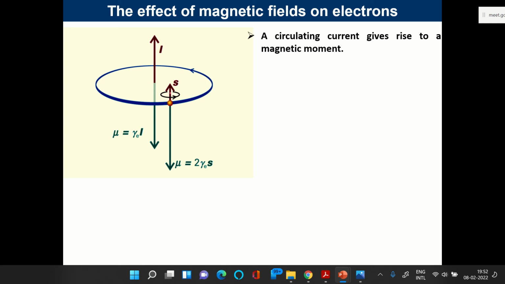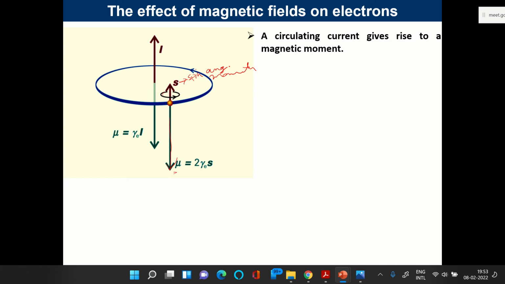Curl your fingers along this arrow, and you are getting thumbs up. So this is your spin angular momentum. The spinning electron behaves as a magnet, and its magnetic moment lies in the opposite direction.